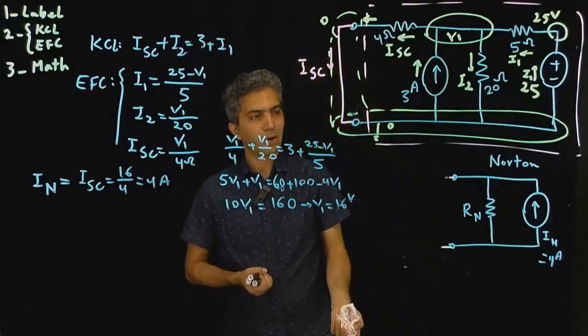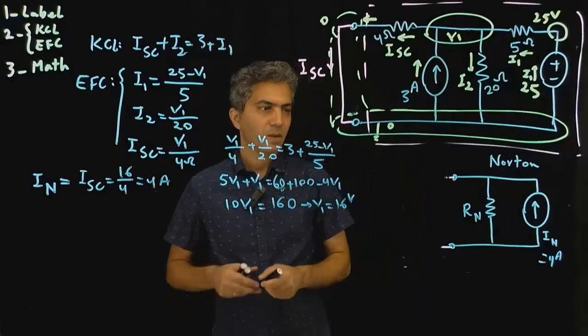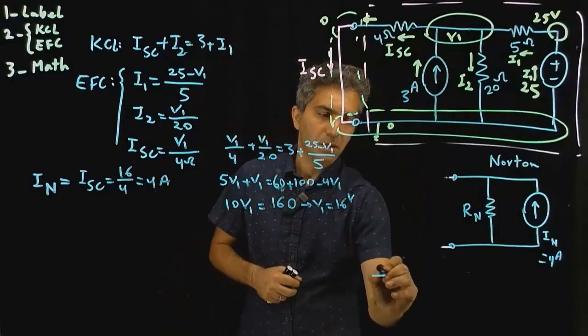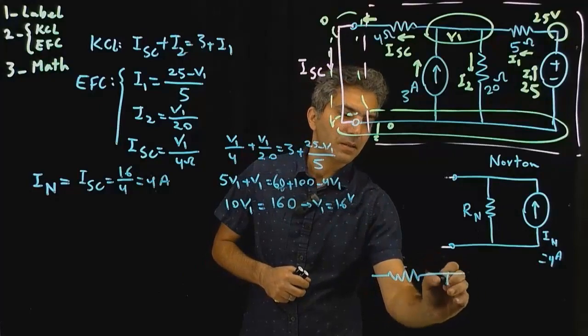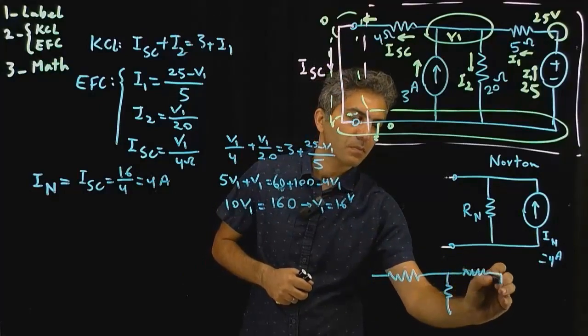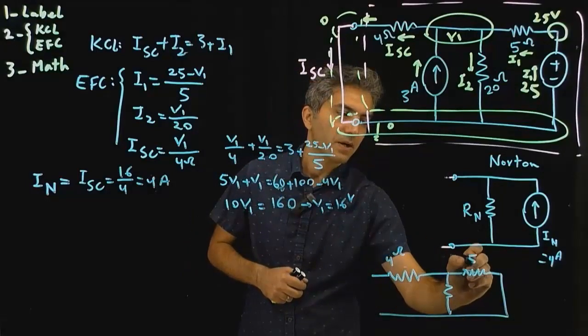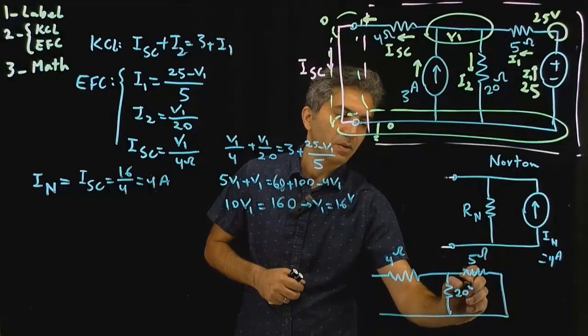But if you recall, we've already done that for our Thevenin modeling. So I'm just going to quickly repeat that. This was the model that we ended up getting. So that's my 4 ohm, that's the 5 ohm, that's the 20 ohm.